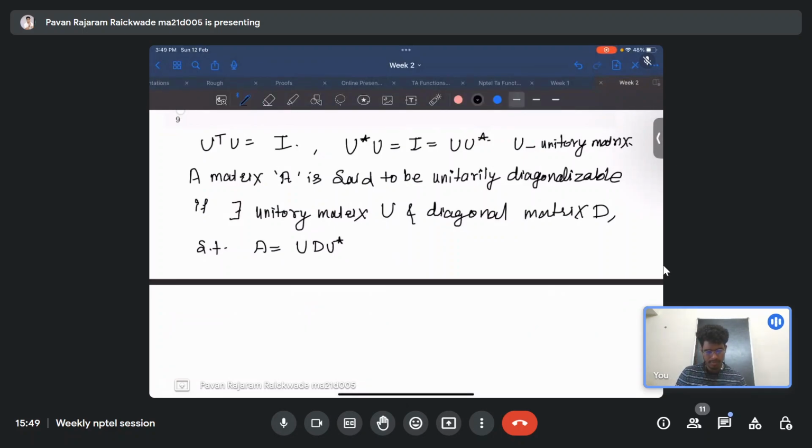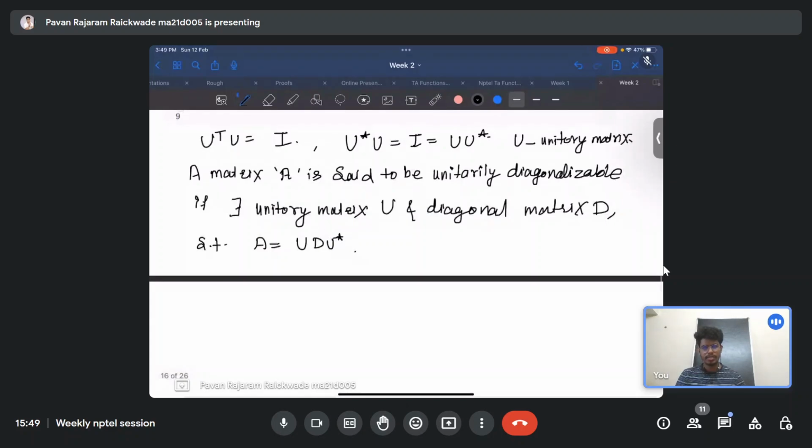If this happens, then the matrix A is unitarily diagonalizable. In the real case, it is orthogonally diagonalizable, because the unitary matrix is the same as the orthogonal matrix in the real case. Is it clear to you? Yes, yes.